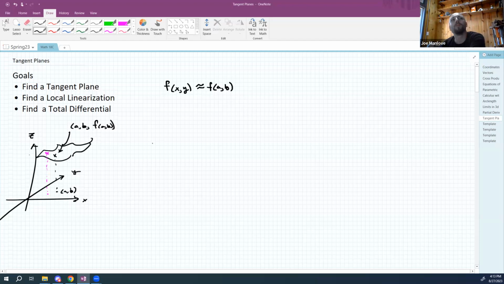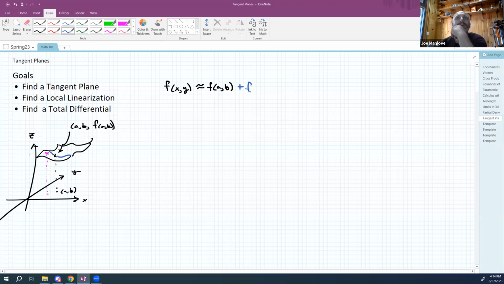What if I knew about this slice and I had a tangent vector there? What if I could add some information?